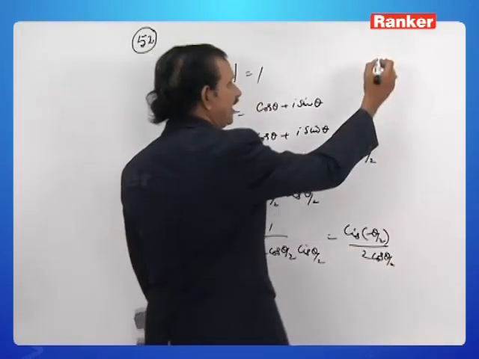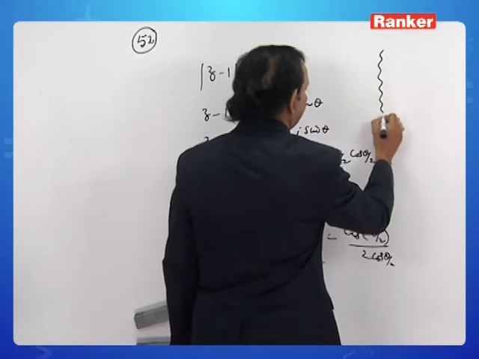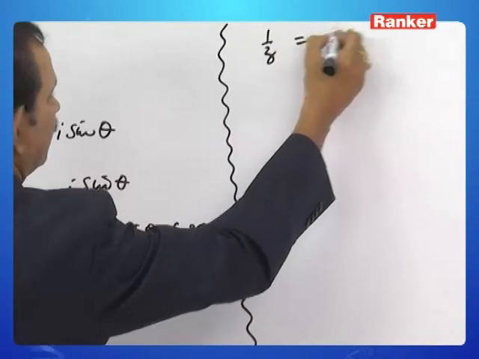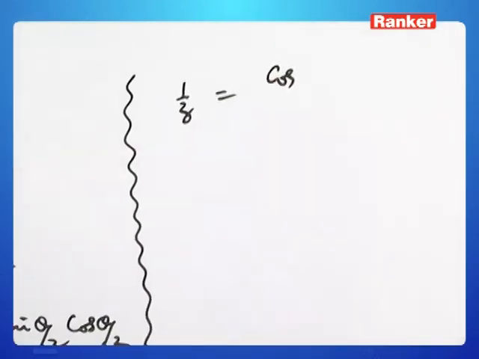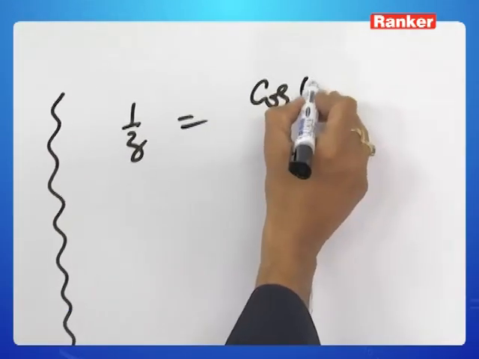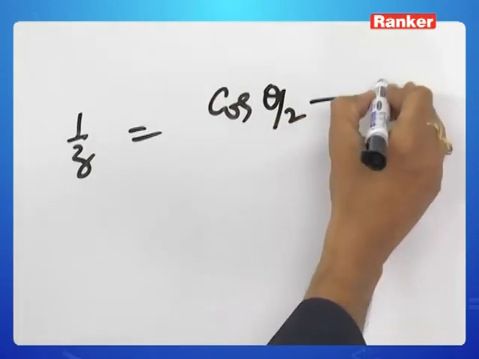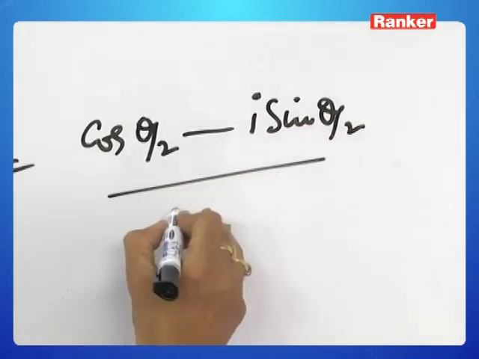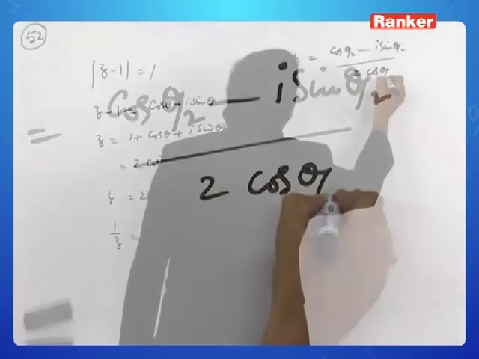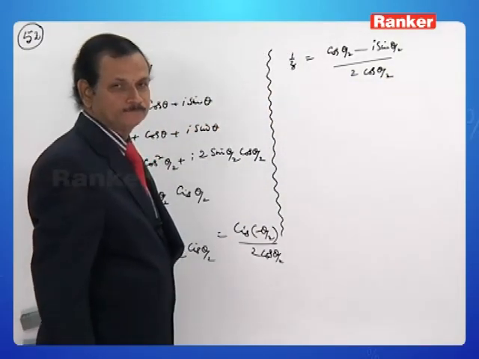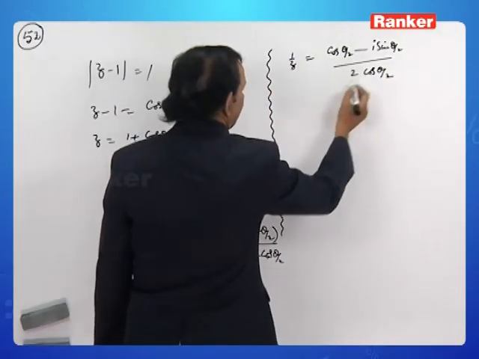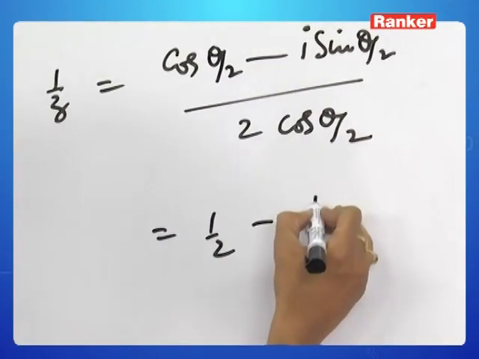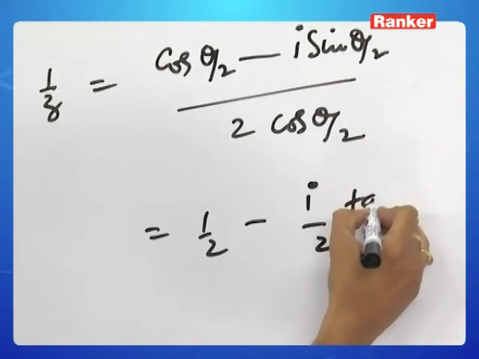Well, let us simplify. 1/z is equal to, what is cis(−θ/2)? Cos(θ/2) − i sin(θ/2), divided by 2 cos(θ/2). Cos(θ/2) by 2 cos(θ/2) is half, minus i/2 into tan(θ/2).